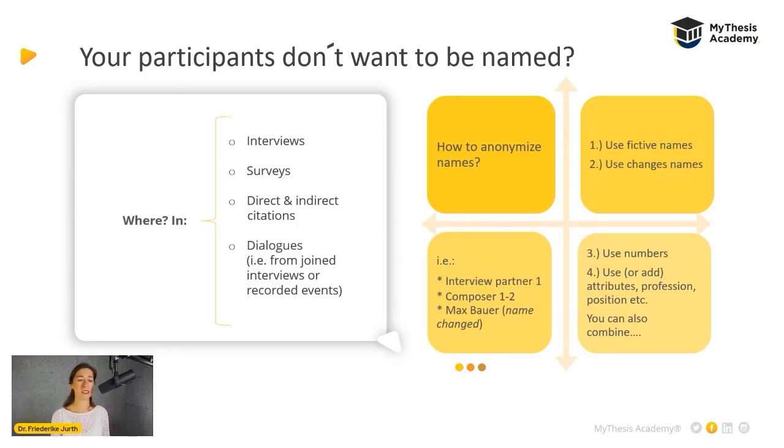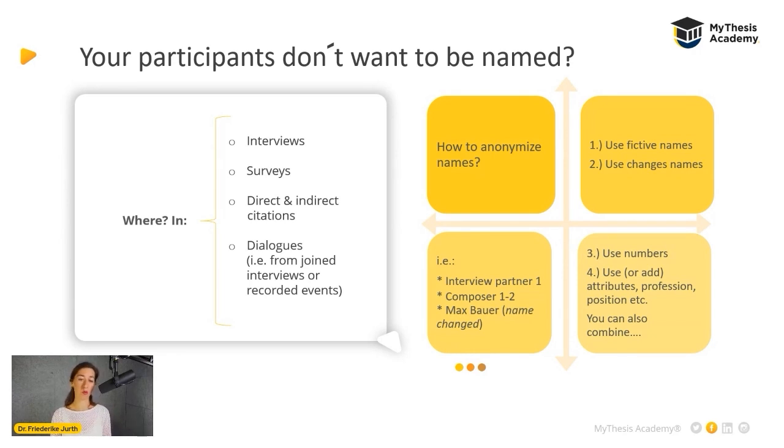And if it comes to the written form, so to the interviews, the surveys, the quotation, then things are a little bit easier because here we can benefit from different ways of anonymization.